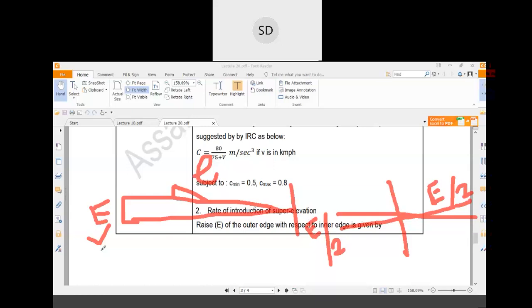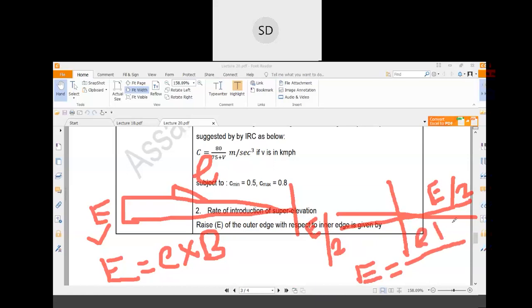Now this total E will depend on the width of the pavement. So in this case, your E would be e into B, where B is the width of the pavement, and in the other case your E would be e into B divided by 2, because here it is E by 2.